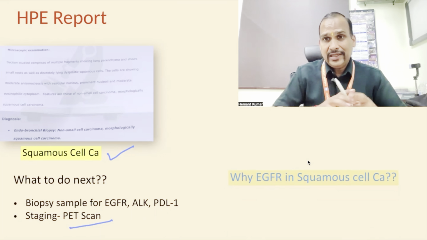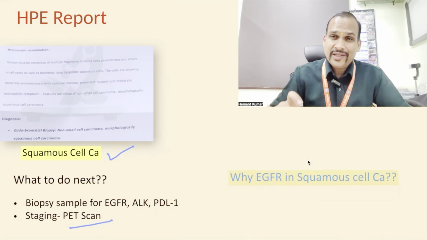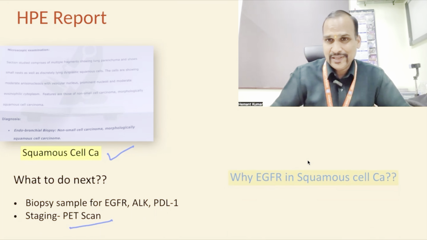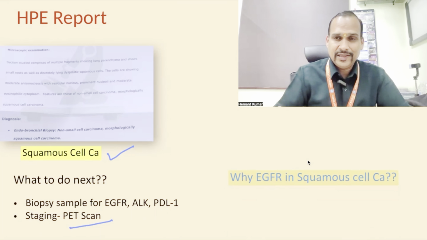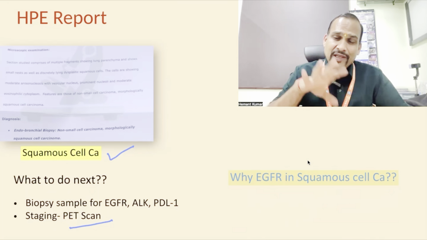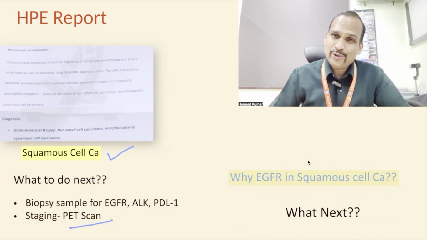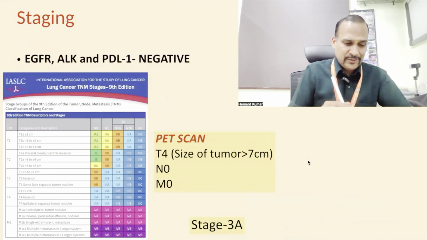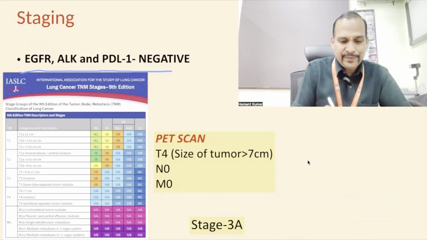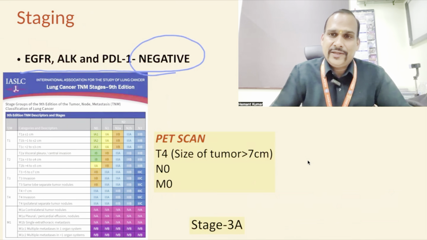So remember, EGFR is more common in Asian females who are non-smokers, especially young or middle-aged females. So whenever you find an Asian female non-smoker young patient, get EGFR done. If the patient is lucky, it will come positive. But our patient is not so lucky. So in this patient, EGFR, ALK and PDL1 all were negative.